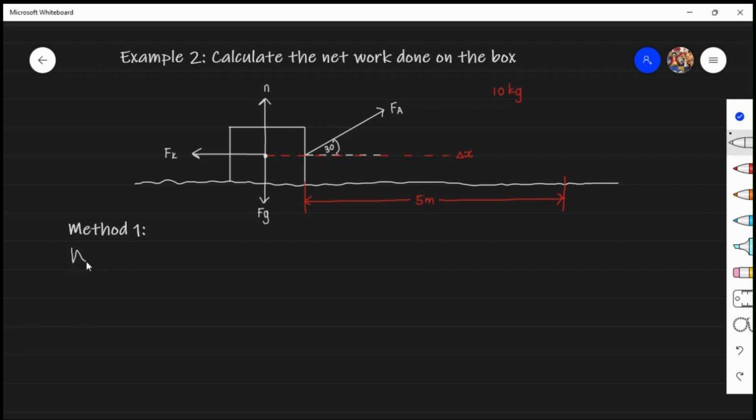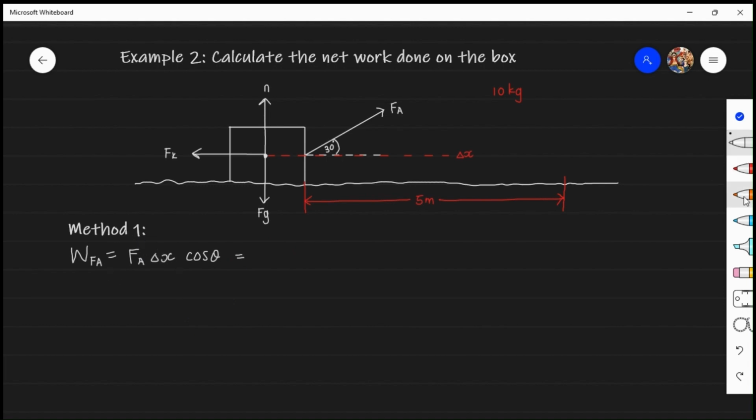So our formula is work equals our force times displacement times cos theta. Because we are calculating work done by the applied force, we can add our subscript, and let us now substitute our value for our applied force.